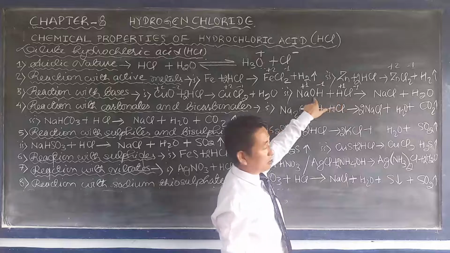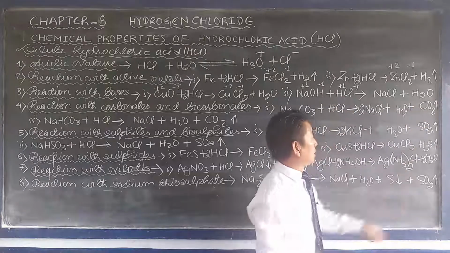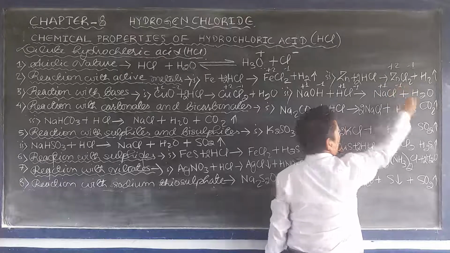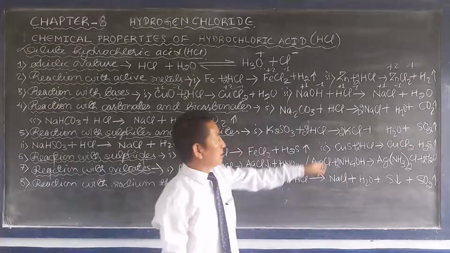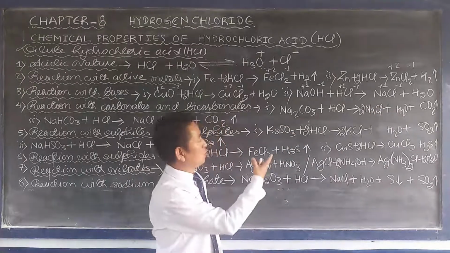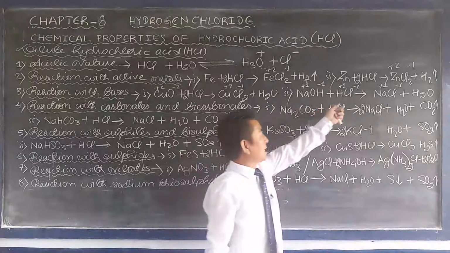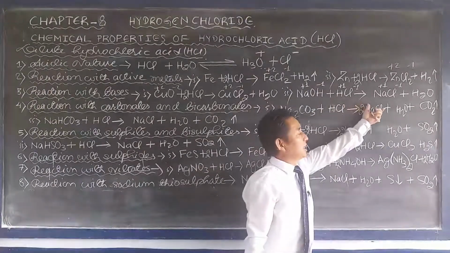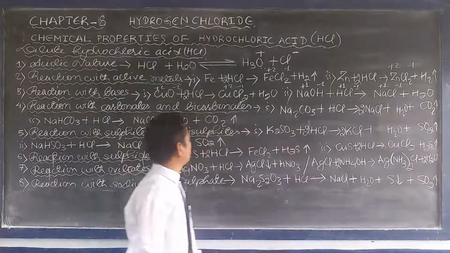Hydrogen combines with hydroxyl to give water. The valency of both sodium and chloride is 1. On interchanging their valency, the equation is NaOH + HCl gives NaCl + H2O. So sodium hydroxide and hydrochloric acid react to give sodium chloride and water.